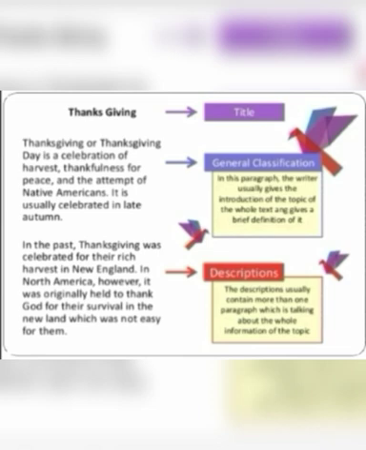In North America, however, it was originally held to thank God for their survival in the new land, which was not easy for them, and so on. You can read the example by yourself in our book, on page 28.